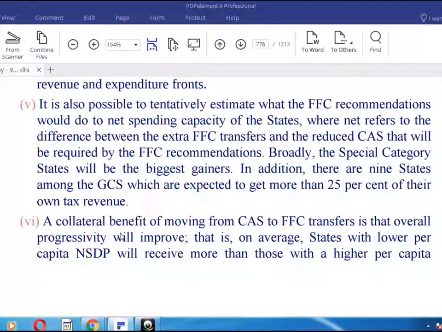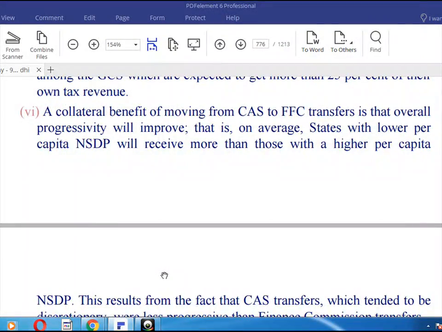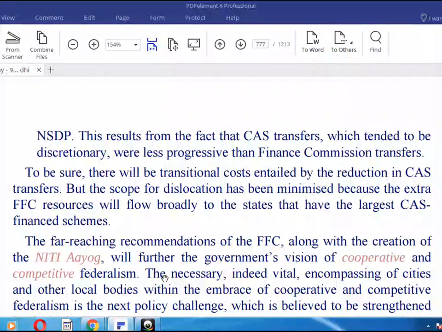A collective benefit of moving from CAS to FFC transfer is that overall progressivity will improve. That is, on average, states with lower per capita NSDP will receive more than those with higher per capita NSDP. This results from the fact that CAS transfers, which tended to be discretionary, were less progressive than Finance Commission transfers.